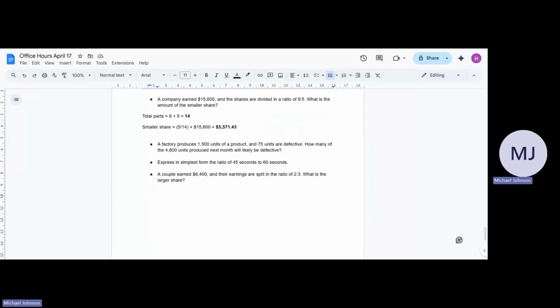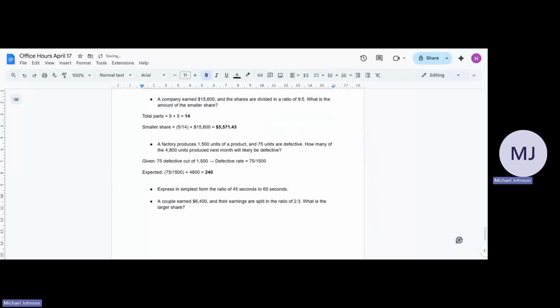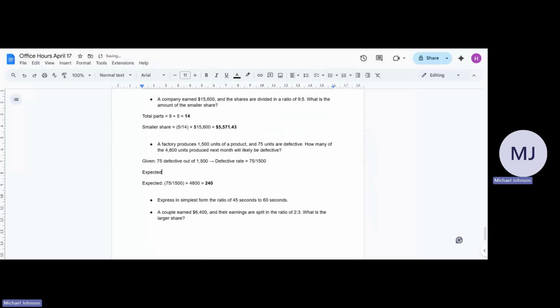And a factory produces 1,500 units of product and 75 units are defective. How many of the 4,800 units produced next month would likely be defective? So given 75 defective out of 1,500, defective rate is 75 divided by 1,500. How to do expected?